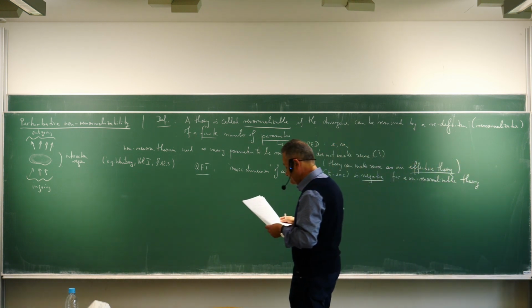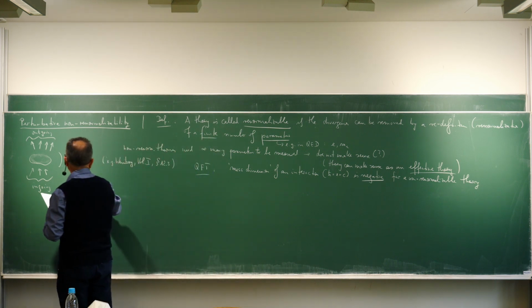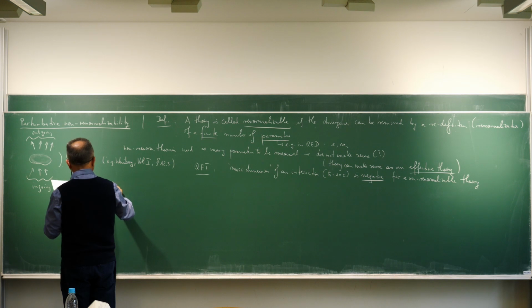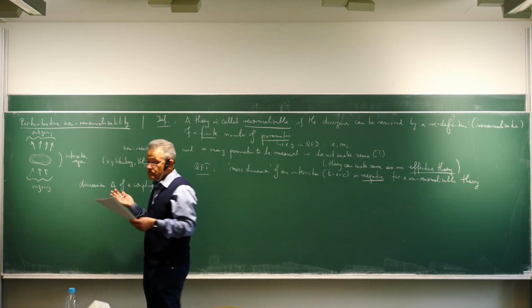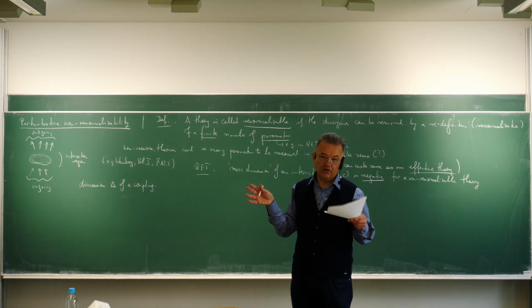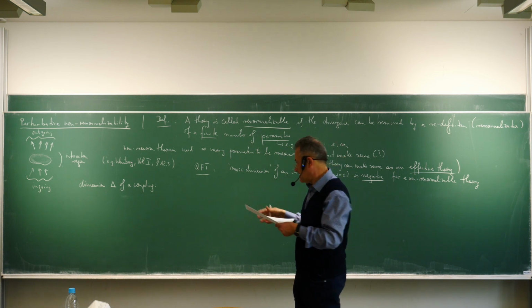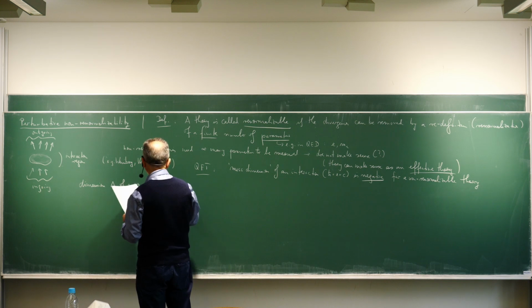Okay, and so you must inspect the dimension of the coupling. The dimension, I call it delta, of a coupling. This is not too difficult to calculate if you know what the Lagrangian is, and I give you the expression that you find in Weinberg's book, and you can check that this is correct.